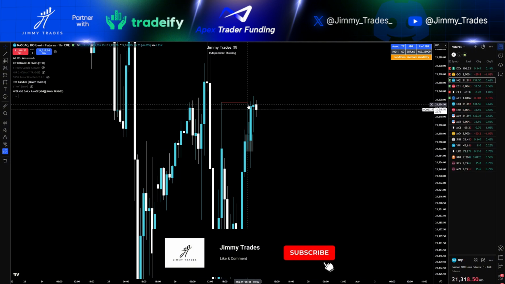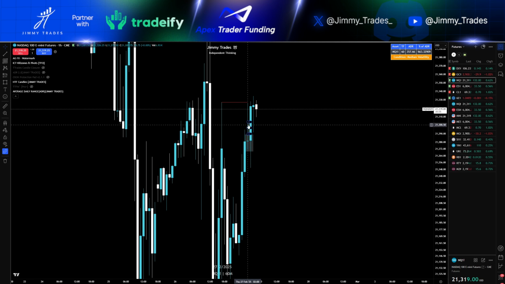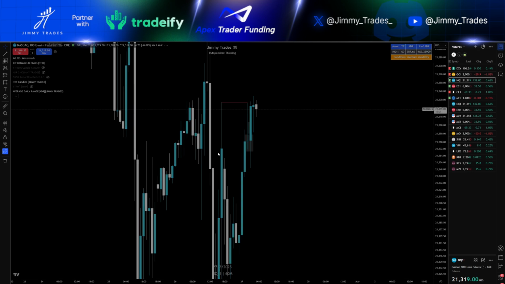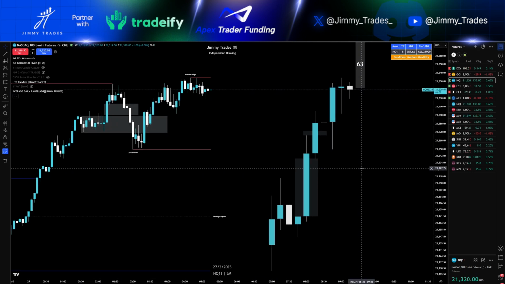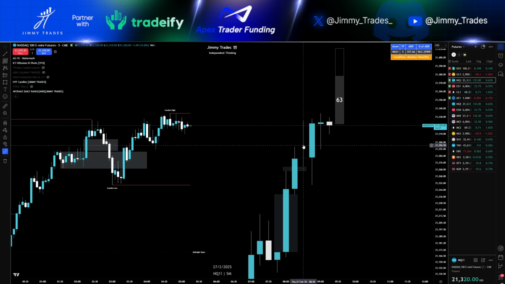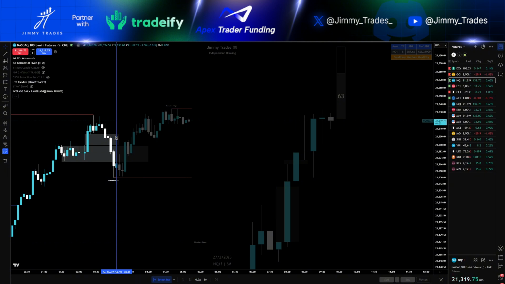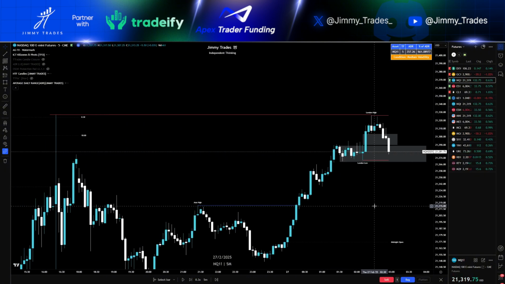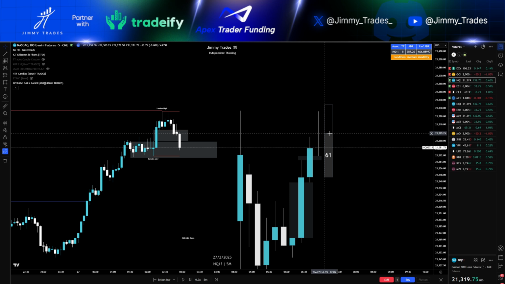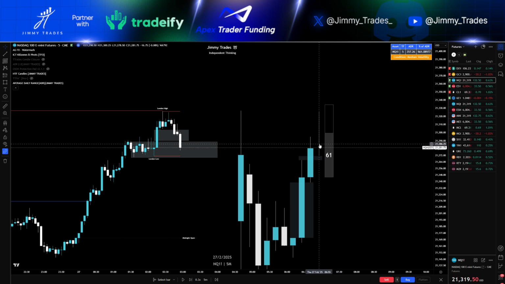And you can see this candle here, this at the time was a swing point candle. If we just replay that, we can see we got a close back inside the range.